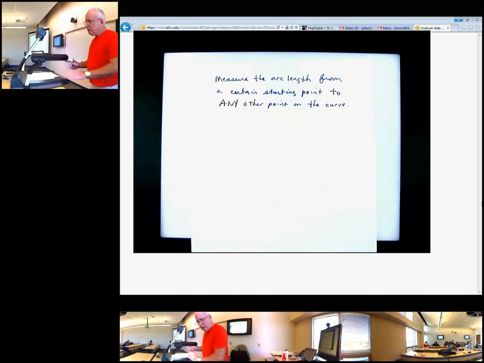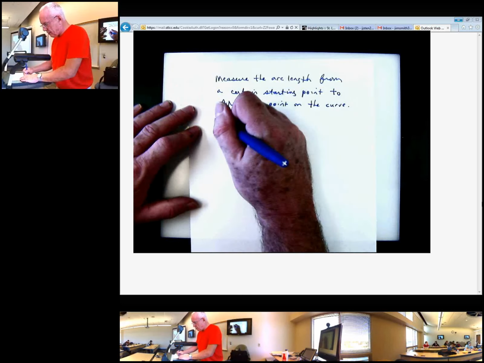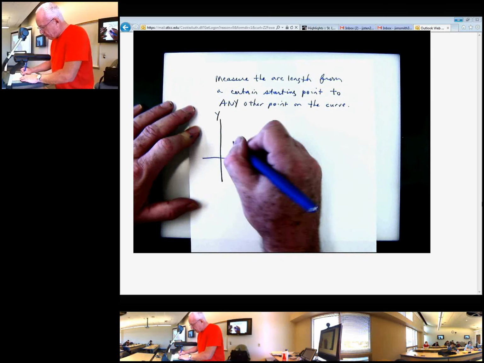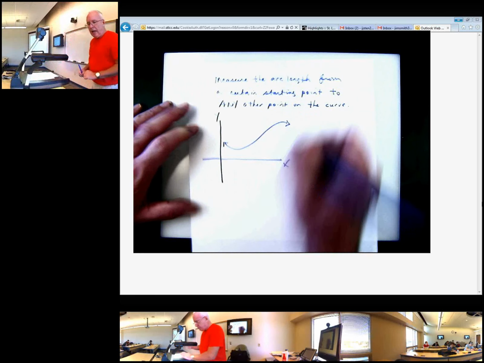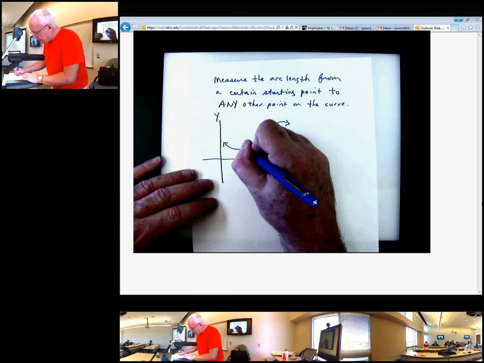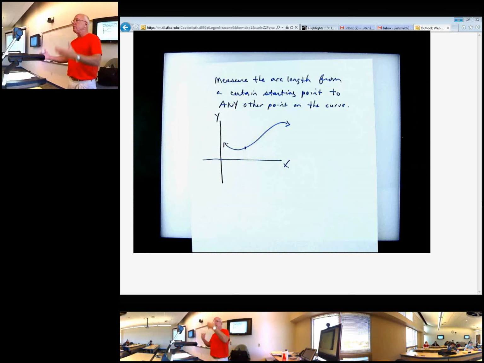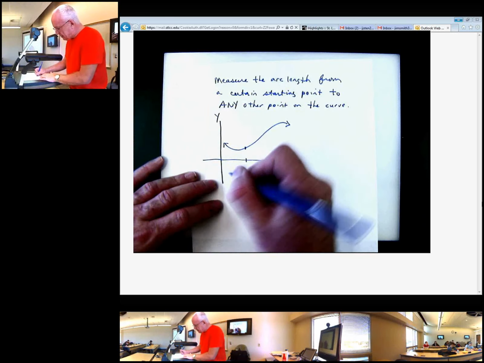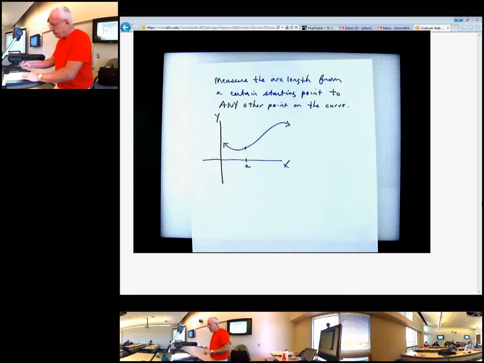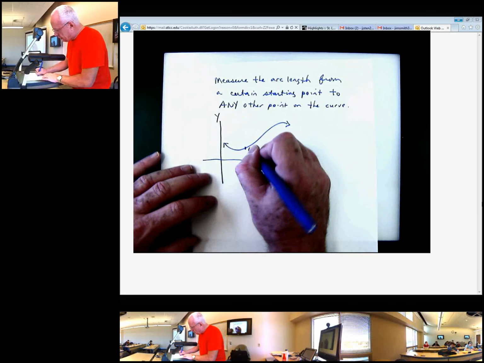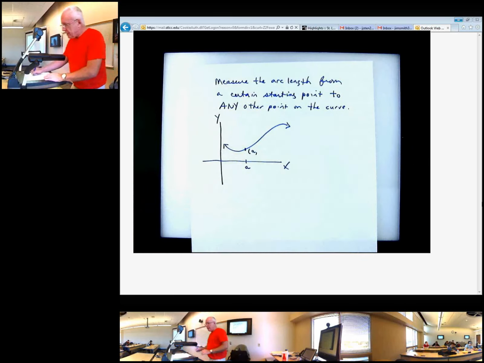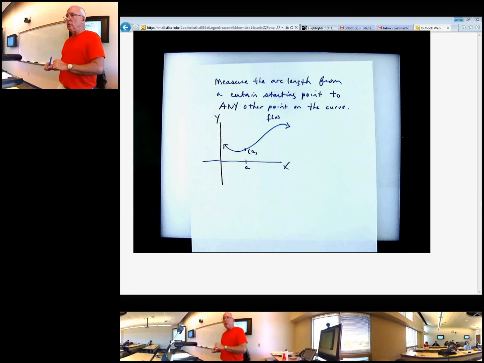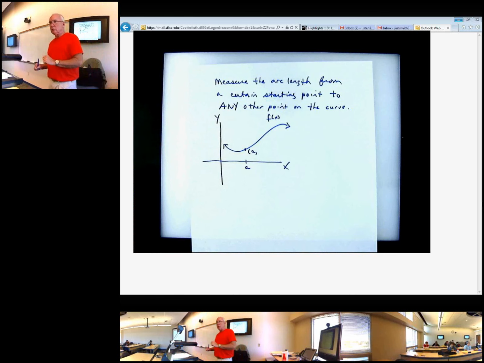All right. So let me just draw a picture of what we're talking about here. Say we have a curve like this, and say right here is the starting point that we want, where x is equal to the number a. So the coordinates of this starting point would be a, and f of x. How would I represent the y coordinate of this starting point?